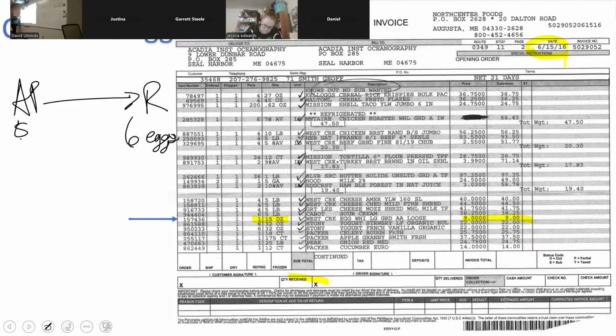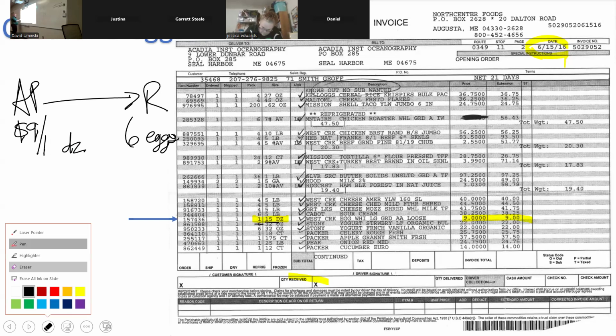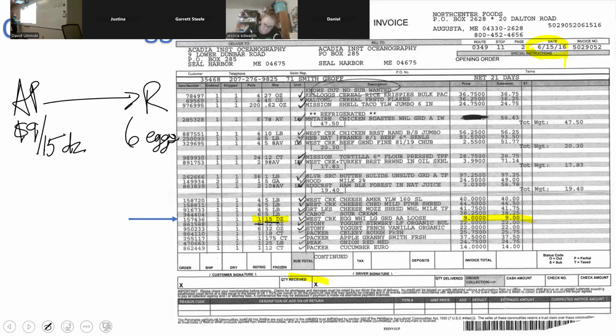Okay, and we have $9 per 15. See where we have the 15? So 15 dozen eggs. $9 per 15 dozen eggs.